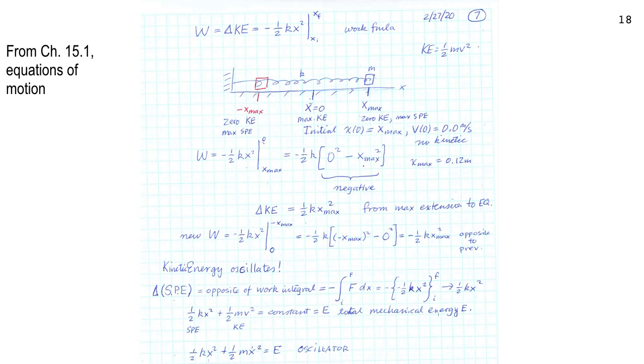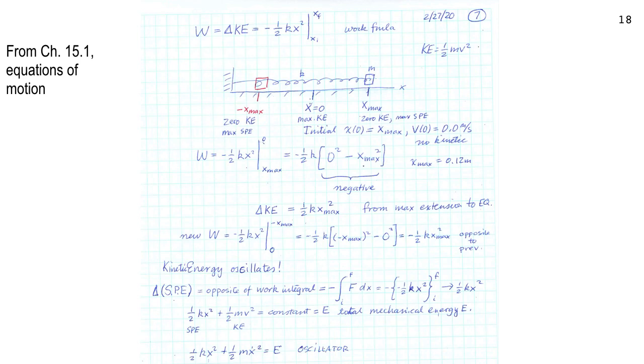That gives us a minus sign. So this is equal to the minus of minus 1/2 k x squared, evaluated between initial and final, so this would be the change of the spring potential energy.